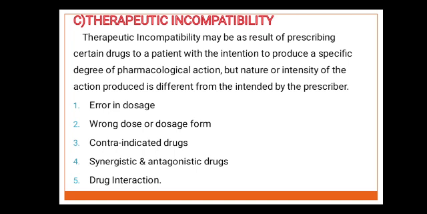Synergism is usually intentional because the prescriber has prescribed the drugs together in order to increase the activity of the drug. For example, a combination of aspirin and paracetamol increases the analgesic activity. Similarly, a combination of penicillin and streptomycin increases the antibacterial activity of antibiotics.